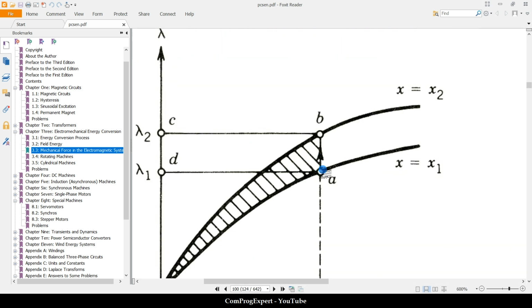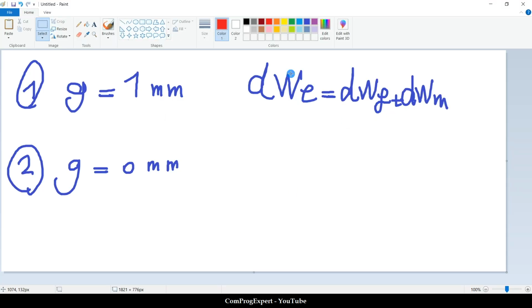So the area of this rectangle is dWe. Okay, so dWe is I d lambda, or this is actually I times, what is the flux linkage? N A times the change in the value of the B. This is B for the second case minus B for the first case.